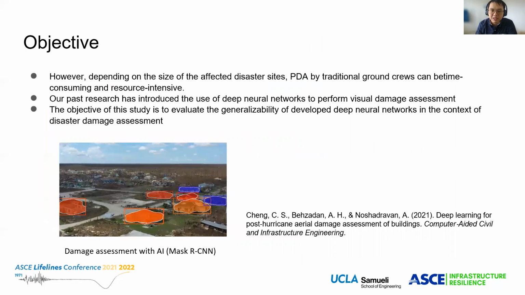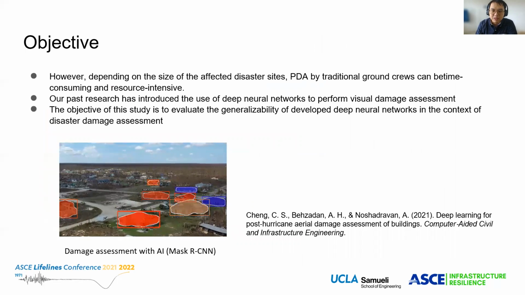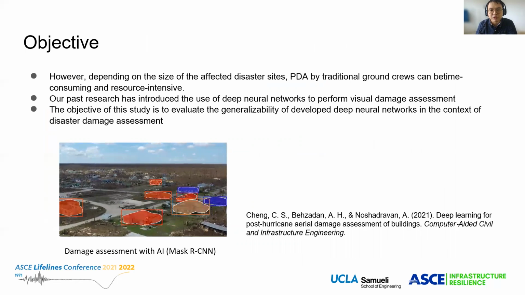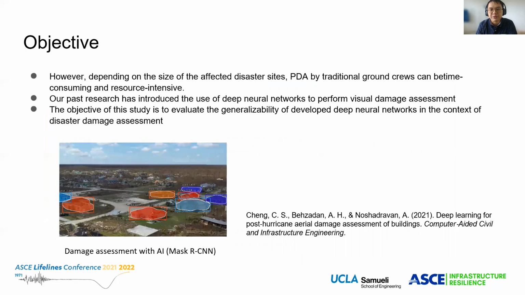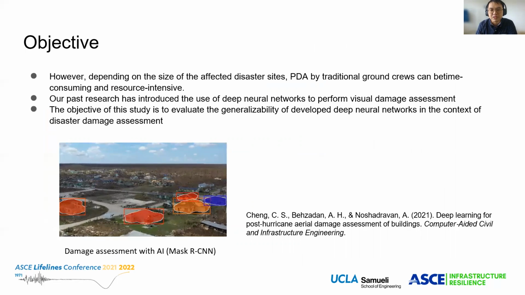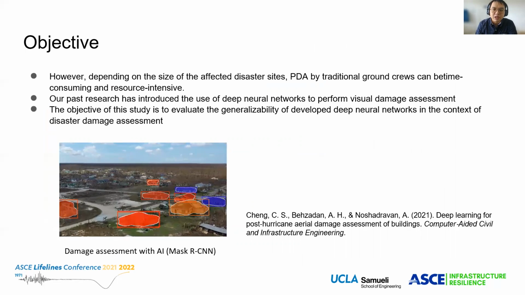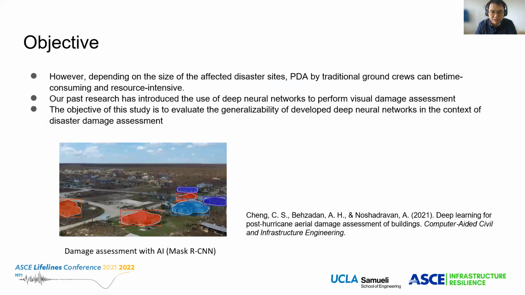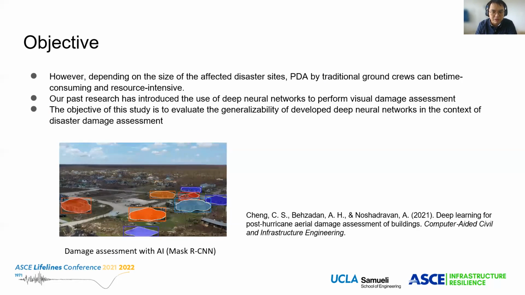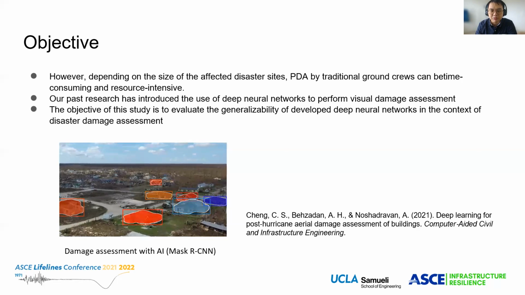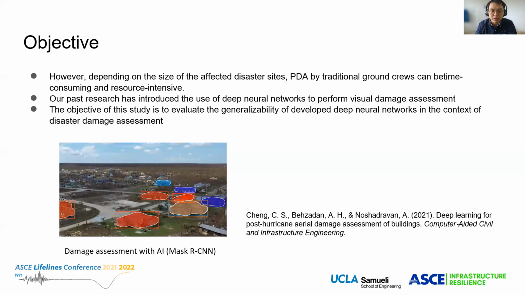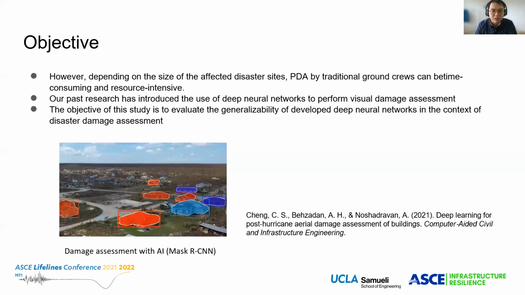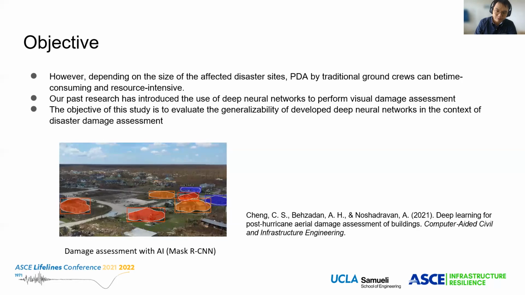However, depending on the size of the affected disaster site areas, PDA by traditional ground crews can be very time-consuming and resource-intensive. Therefore, our past research has introduced the use of deep neural networks and remote sensing technologies to perform visual damage assessment to improve the quality and the speed of PDA, as shown in the video below.